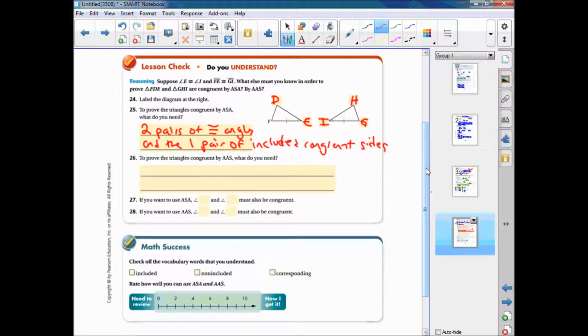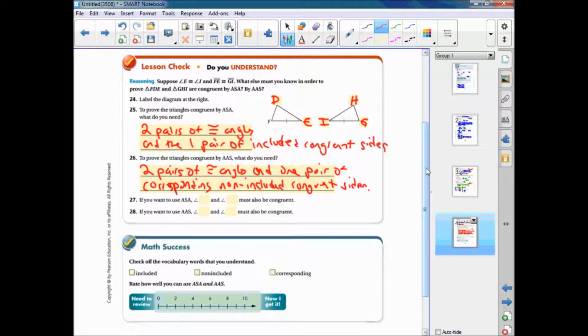Okay. All right, so to prove the triangle is congruent by angle, angle, side, what do we need? Okay. Well, we need 2 pairs of congruent angles, same as before, and 1 pair of corresponding non-included congruent sides.